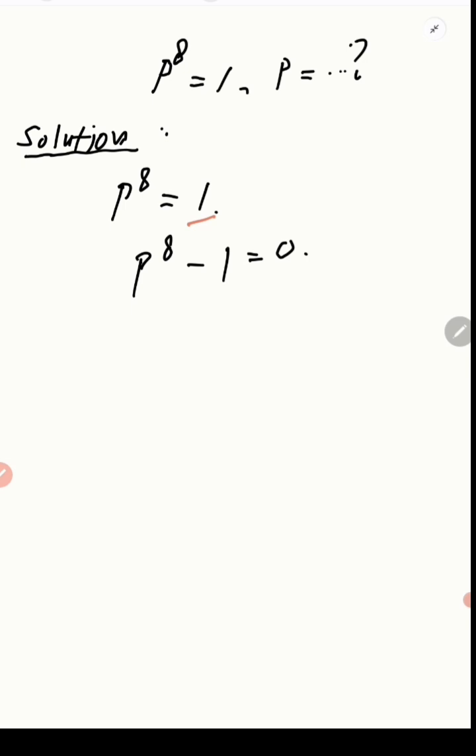Then, according to the property of exponent, a to the power of m, raised to n, is equal to a to the power of m times n.